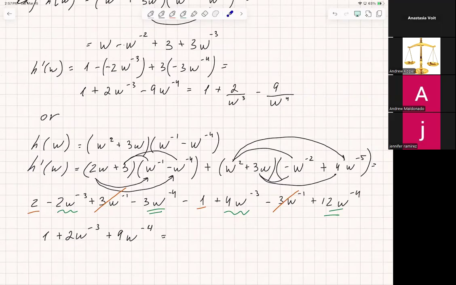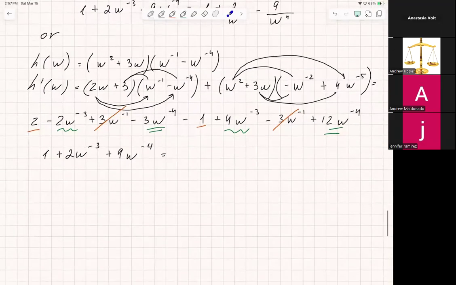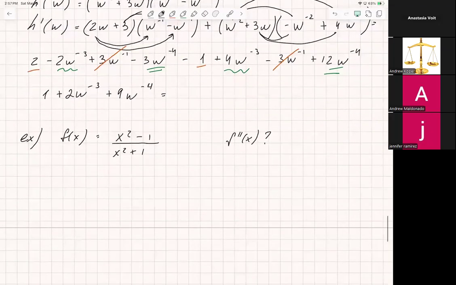Okay. Now, let me do another example where I want to find, so example, f of x equals x squared minus 1 divided by x squared plus 1. I want to find the second derivative, okay? So first you need to find the first derivative.